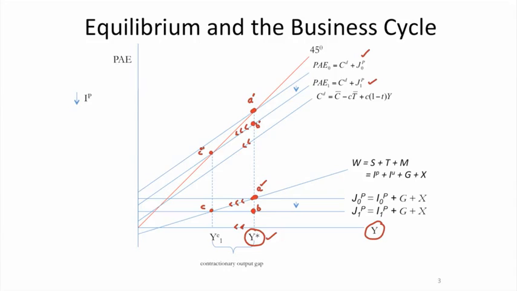In this instance, an exogenous fall in planned investment, pulling planned injections down, pulling planned aggregate expenditure down, creating disequilibrium, creating firms adjusting via lowering production, leading to a new equilibrium below potential. What you're looking at is a recession.